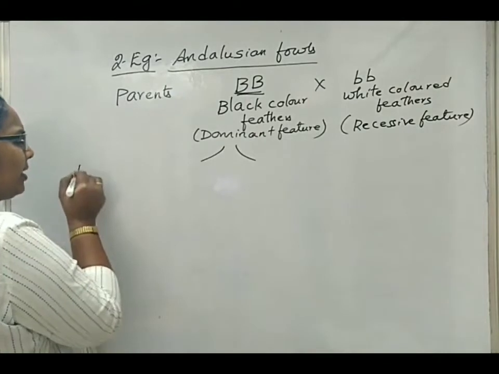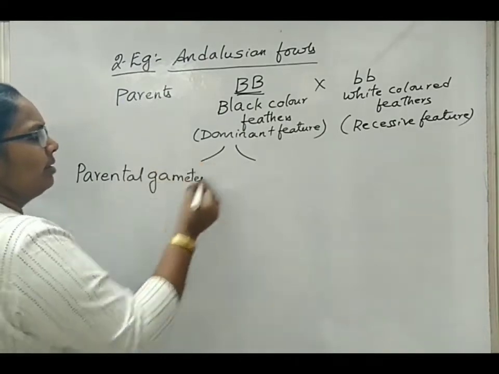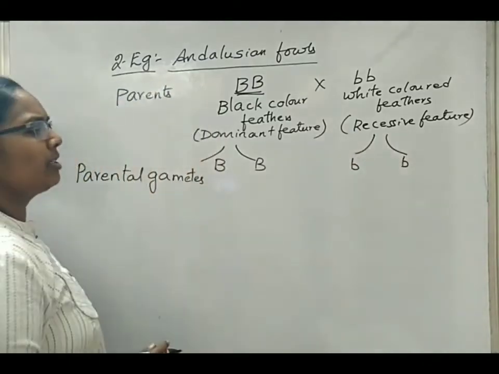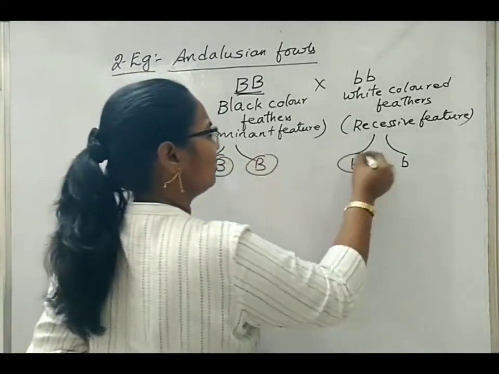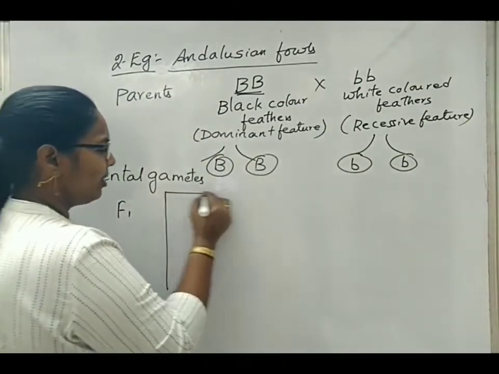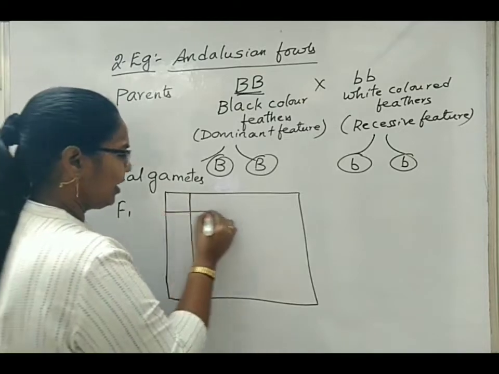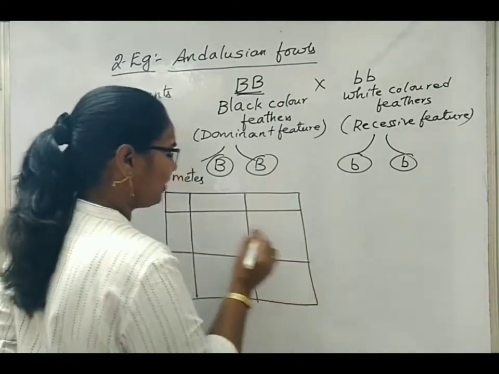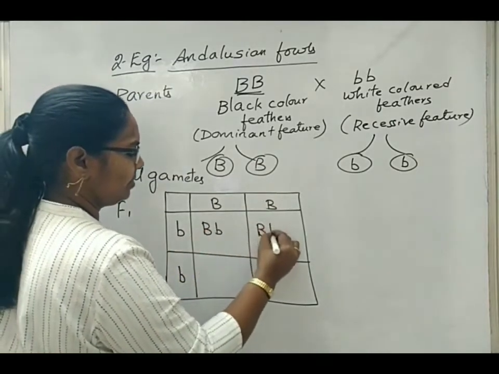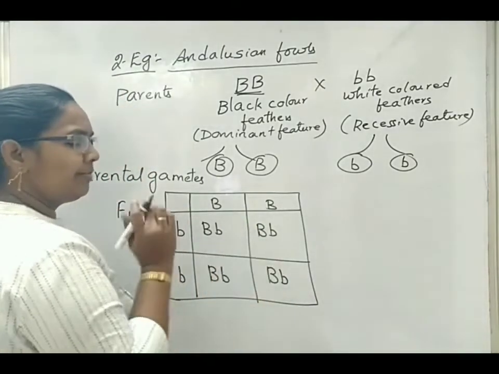Coming to obtaining the parental gametes, it can be like this. So now when we cross these two gametes, in the F1 generation, what are we getting? If we draw a Punnett square and check what type of genotypic and phenotypic expression are obtained, the allele arrangement is again heterozygous in the F1 generation offspring.